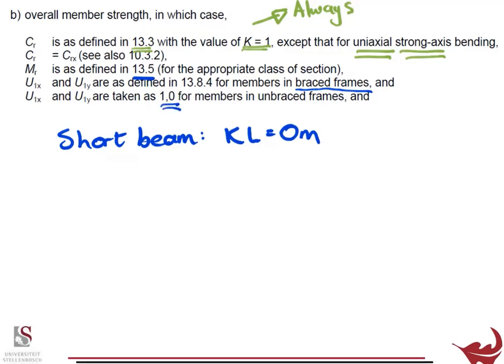So if you have sway, if there is some sort of deflection at the start of the node and the end of the node, if the two nodes can deflect relative to one another in a significant amount, you take it as 1. If it's a braced frame, you take it as a calculated value.